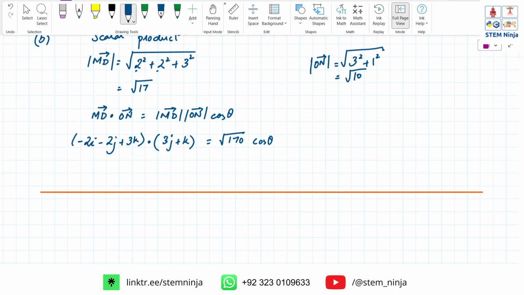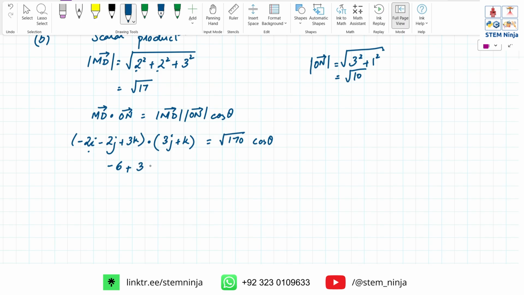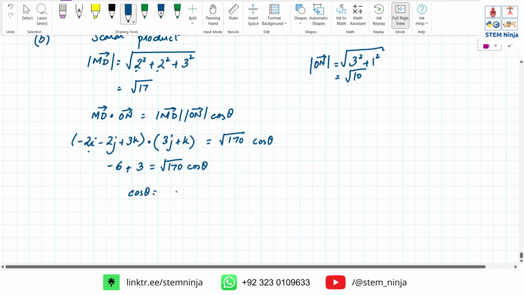Now, if you notice, there is no i component in the second vector, so 2 times 0 is 0, minus 2 times 3 is minus 6, and 3 times 1 is 3. So this would be equal to this thing. And finally, cos of theta would be minus 6 plus 3, which is minus 3, over root 170. So theta would be cos inverse of minus 3 over root 170.